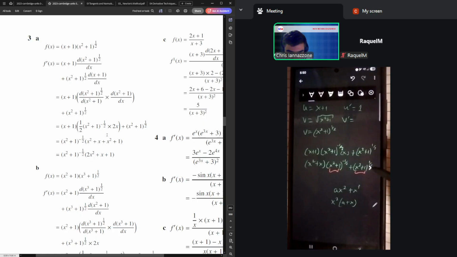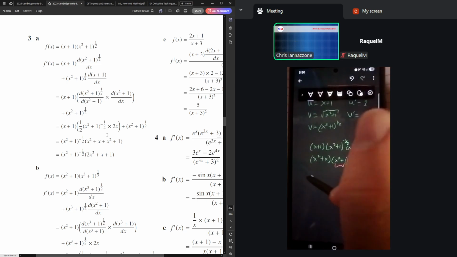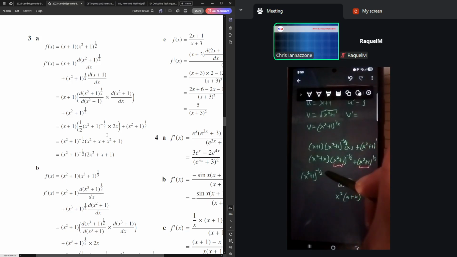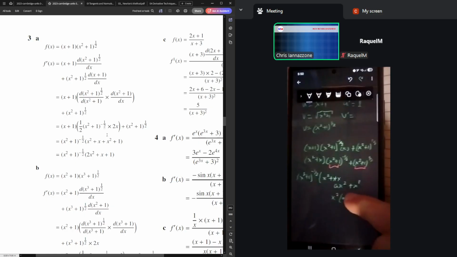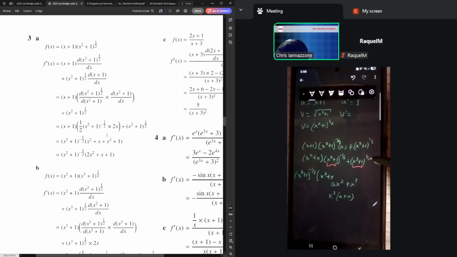Removing a negative is essentially going to count as adding it, right? Double negative makes a positive. So how this will end up working is going to be x squared plus 1 power of negative a half. This is the coefficient of that, so that's going to maintain as what it was. And then this is the bit that you're taking as much out of. Negative a half plus a half.